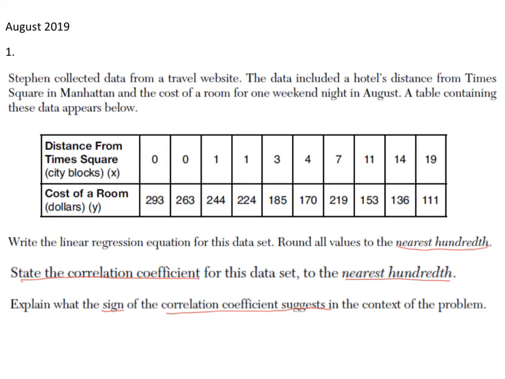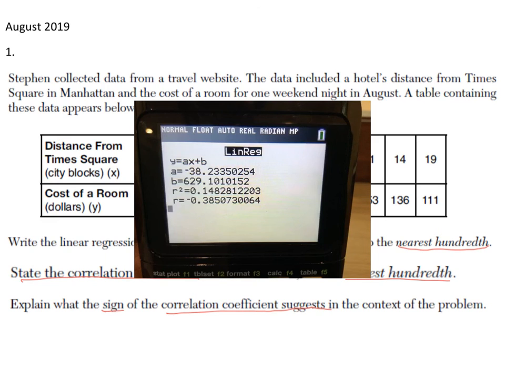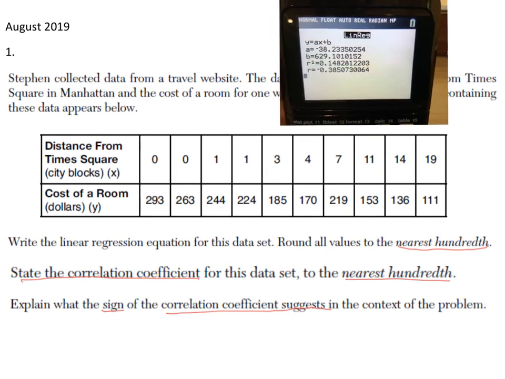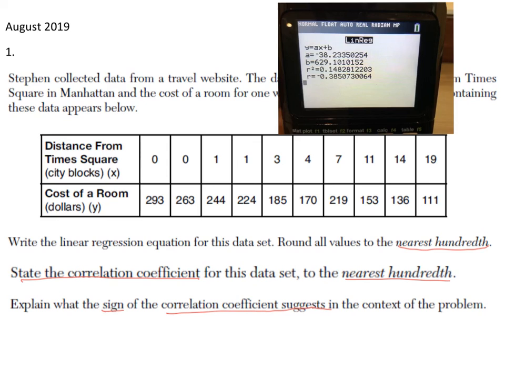So we'll go back to our calculator. Clear everything. Okay, let's plug in all the values: 0, 0, 1, 1, 3, 4, 7, 11, 14, 19.